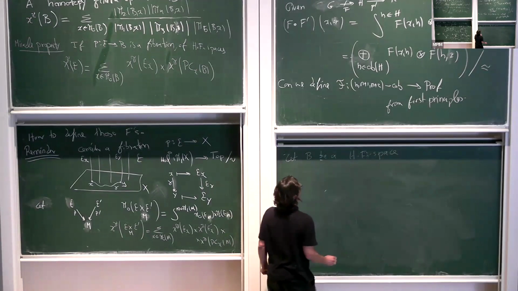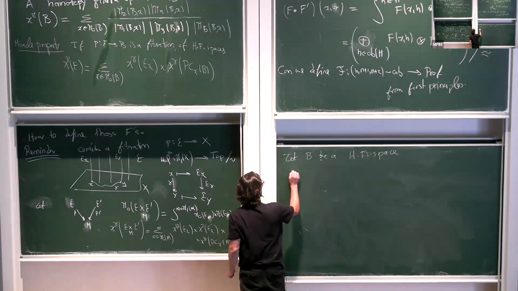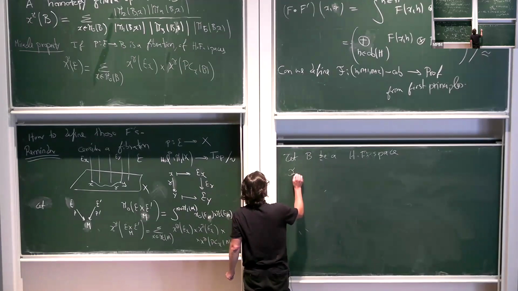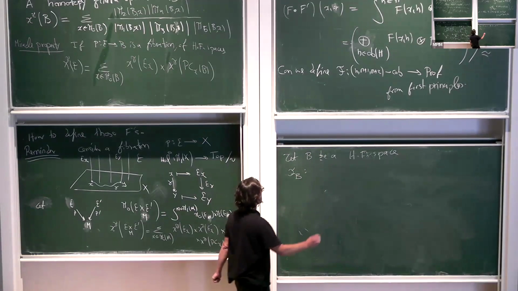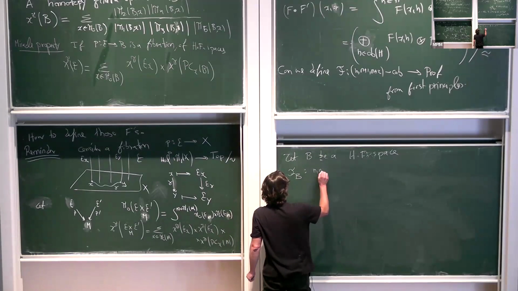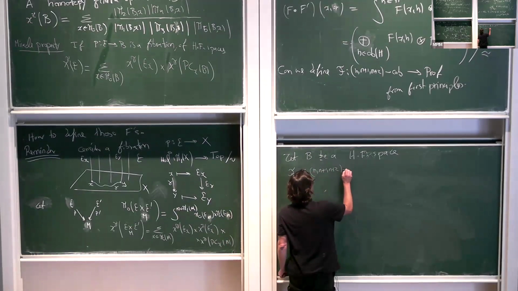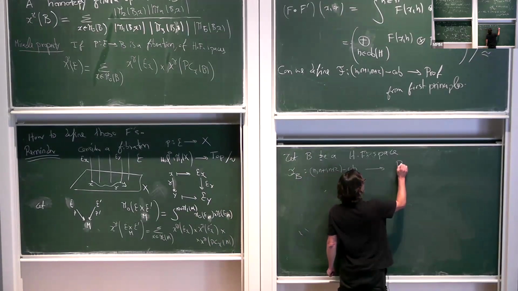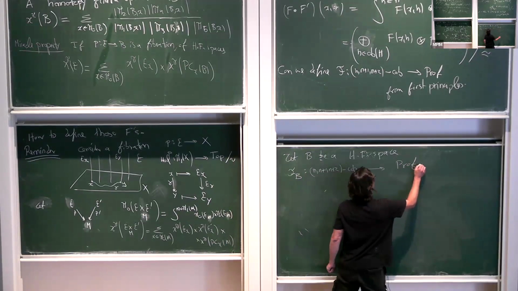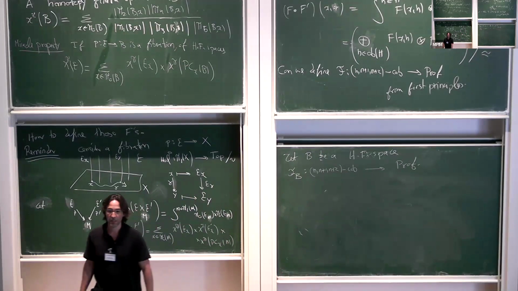So I claim there is a symmetric monoidal bifunctor F_B from the (n+1, n+2) cobordism category into the target category, which depends strictly on B.